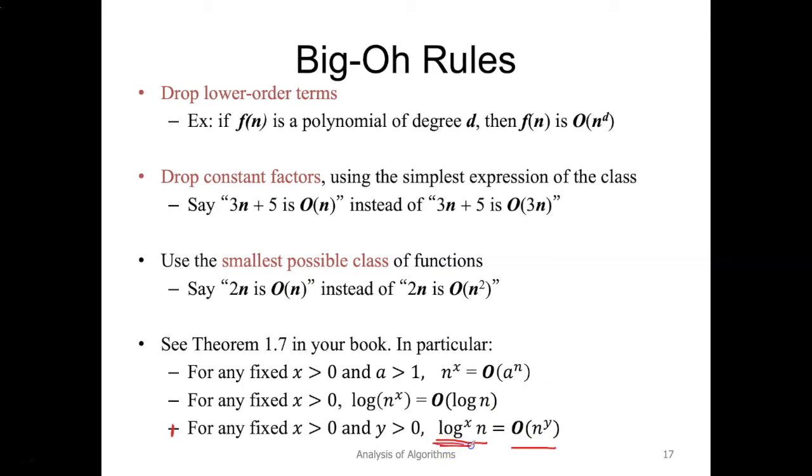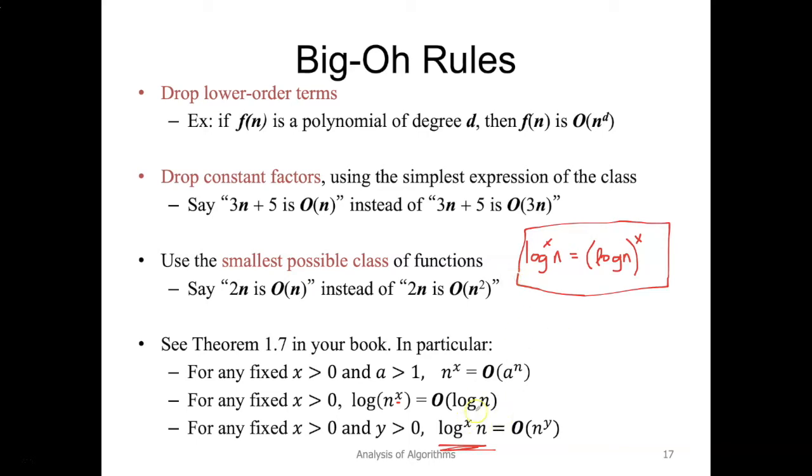So this formula here, log to the power of x of n, this is the same as taking the entirety of log n and taking all of that to the x power. So this is not the same as what we had before, where we had log of n to some power. It's not the same as that, right? So this function here is equivalent to taking the entirety of log n to the x power.